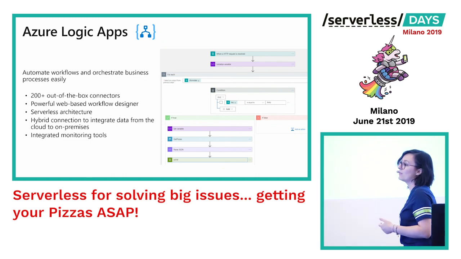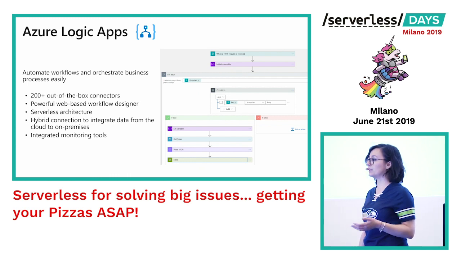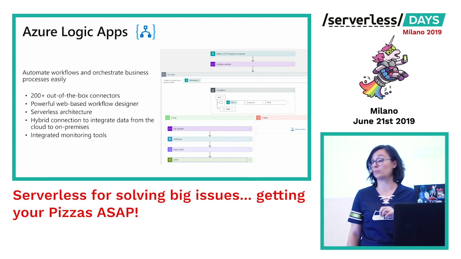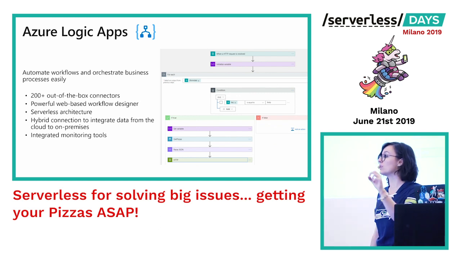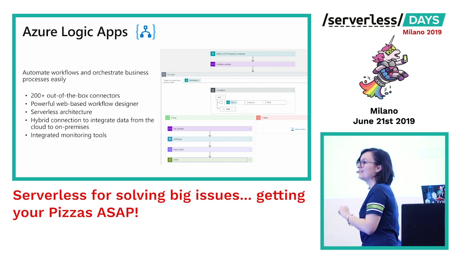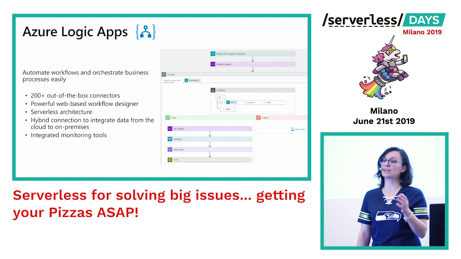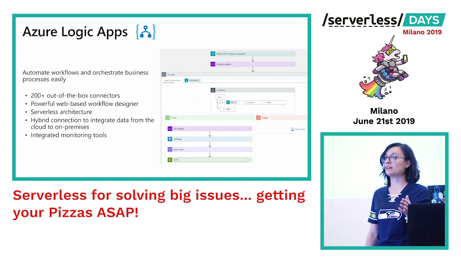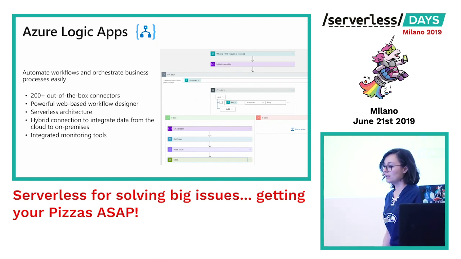And we also have a wide set of tools for monitoring, so you can monitor not only the entire workflow, so if at the end the workflow is successful or not, but also the single activities that you have configured inside the workflow.